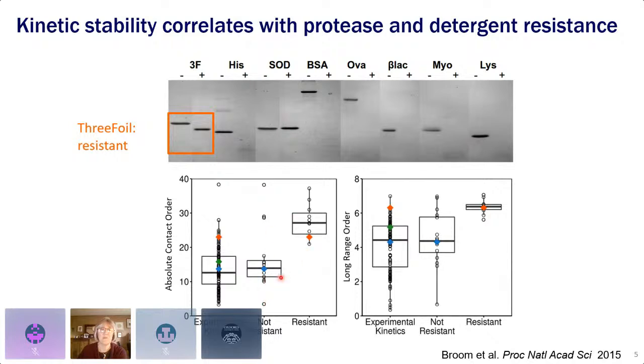Here you can see when we classify proteins into not resistant against detergent denaturation or resistant, we have a higher contact order, meaning more long-range interactions and a larger distance between interacting residues. It's not an absolute trend, but it does tend to occur. So I think this comes back to what Bruno was saying also about getting cooperativity in long-range interactions being an important thing to think about.